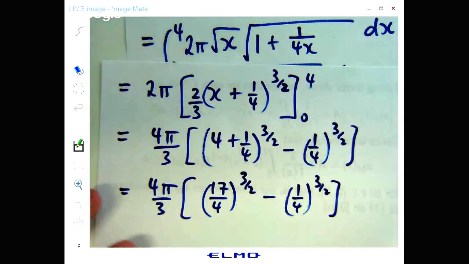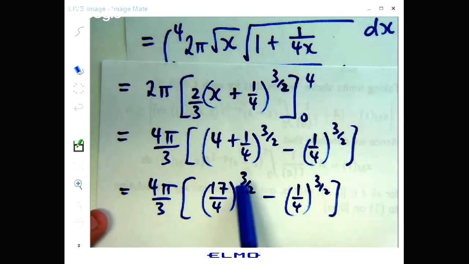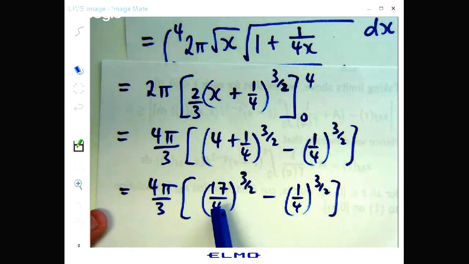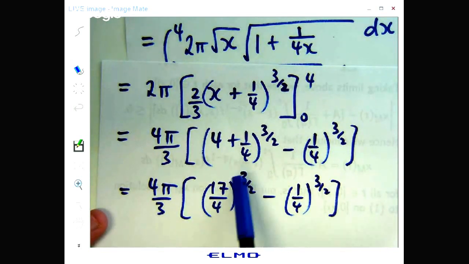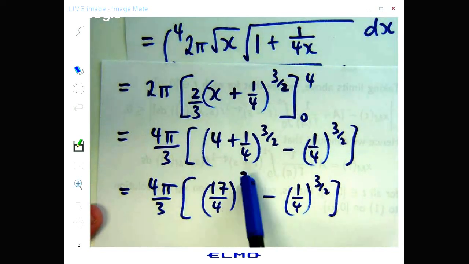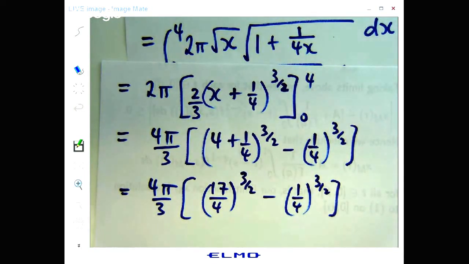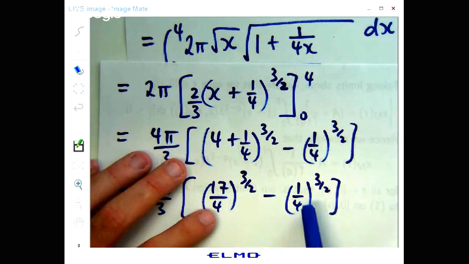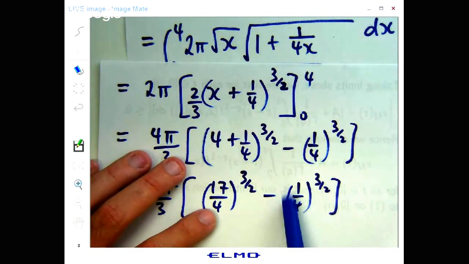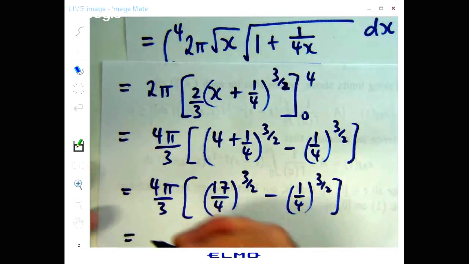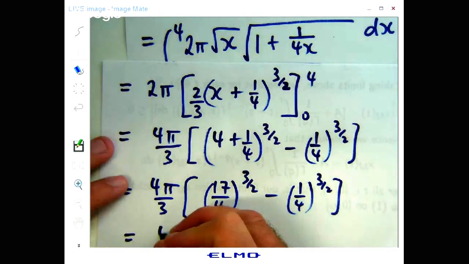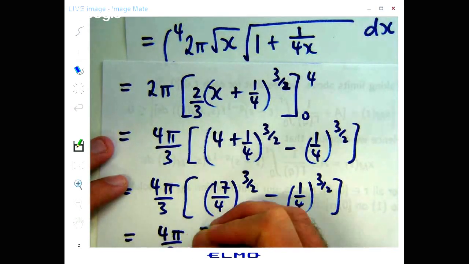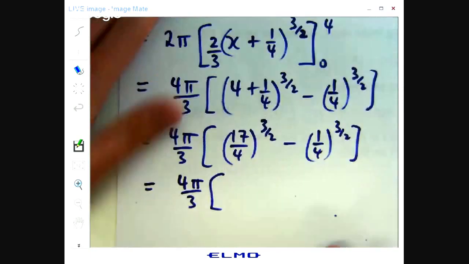And now it's just a matter of cleaning it up, okay? So if you take 4 to the power 3 on 2, that's square root of 4 cubed. So 4 to the power 3 on 2 is just 2 cubed, which is 8. So you're going to have an 8 down there and an 8 down there. So this whole thing will be 1 on 8. So I can bring that and simplify just a little bit more.